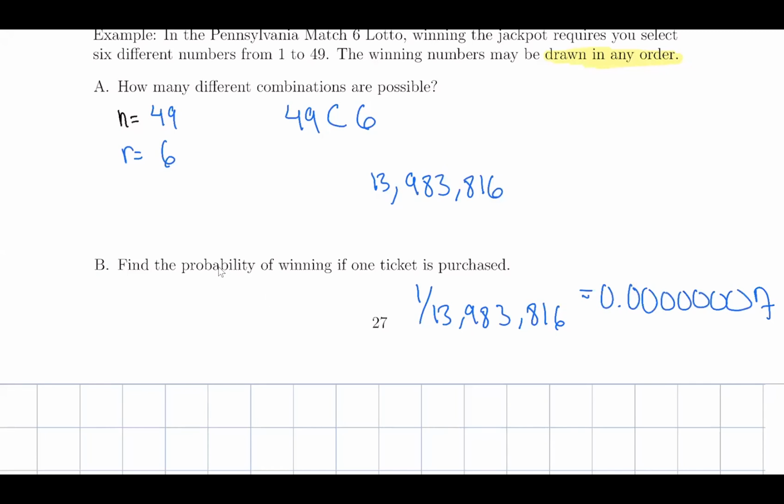Cool. All right, so that's the probability of you winning that lottery ticket if you buy 1 lottery ticket. So the chances of you winning with that 1 purchase is not very likely. And that's it for that last problem.